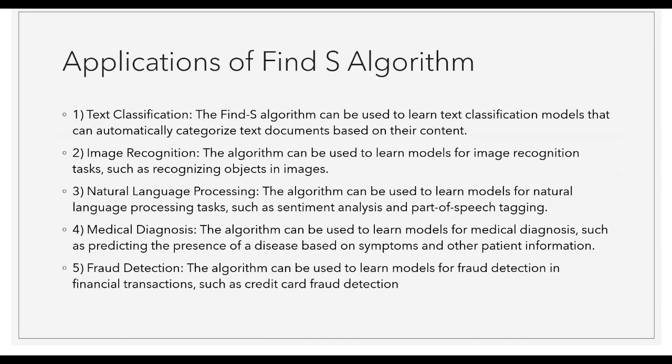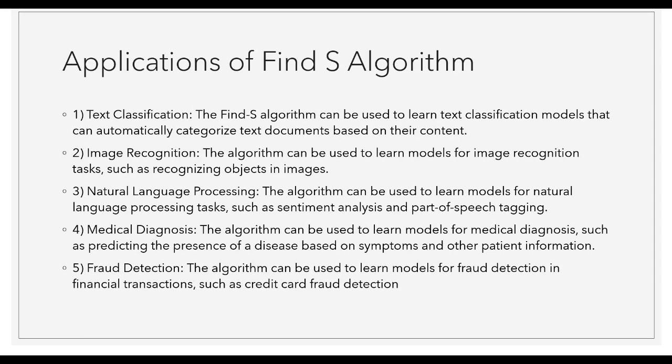And in the applications we have text classification, image recognition, natural language processing, medical diagnosis, and fraud detection. At first we have text classification. The algorithm can be used to learn text classification models that can automatically categorize text documents based on their content.